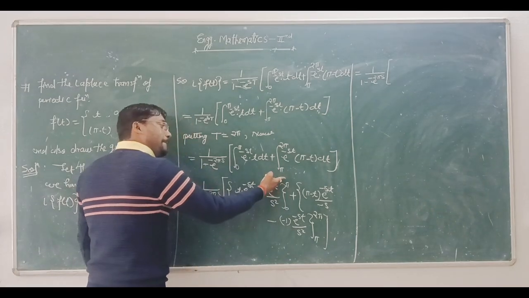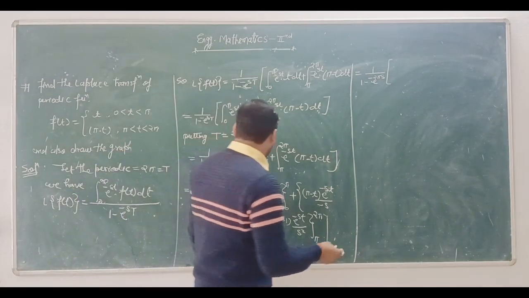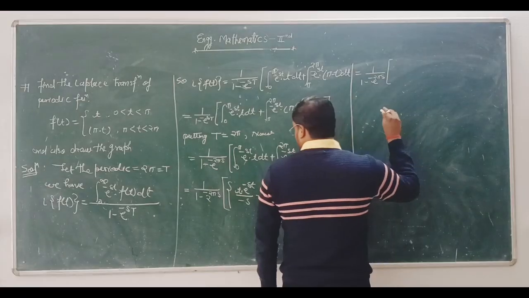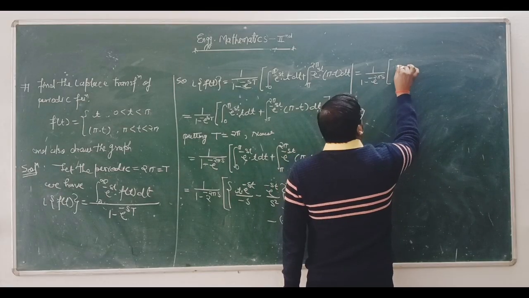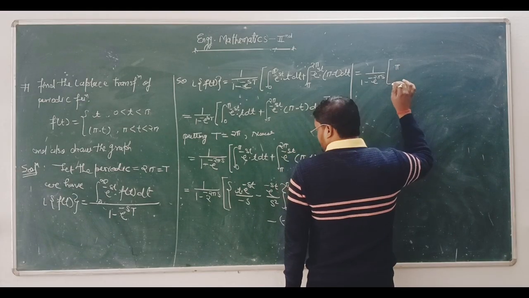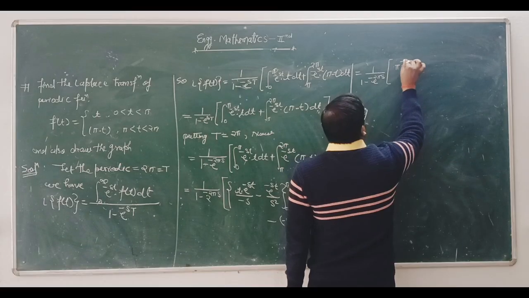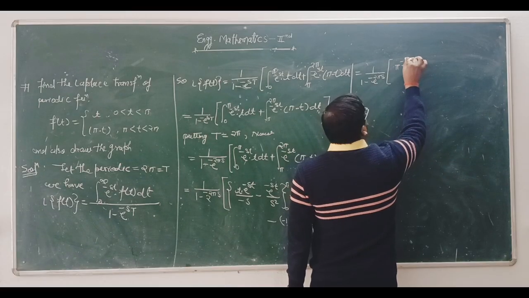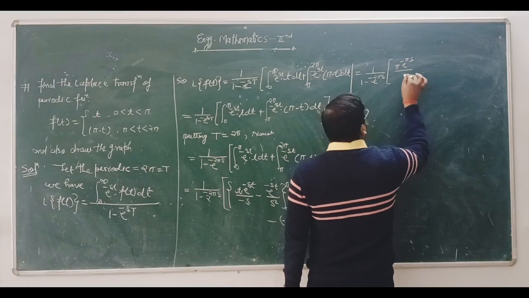First of all, putting the pi: pi e to the power minus pi s upon minus s.